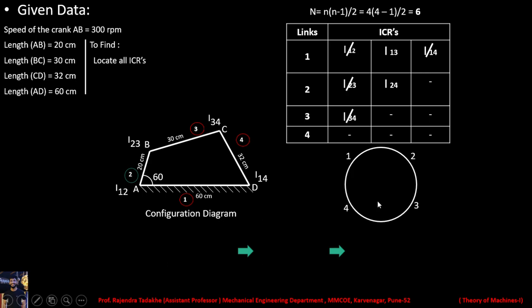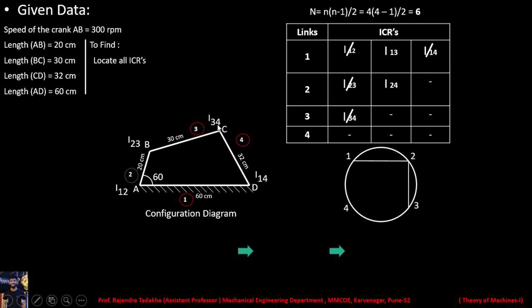The next step is to join the points by dark lines which indicate the instantaneous centers already located in the configuration. So I12, yes, we have located it, so join 1, 2 by a dark line. Then 2, 3, yes, we have located it, so join 2, 3 by a dark line.